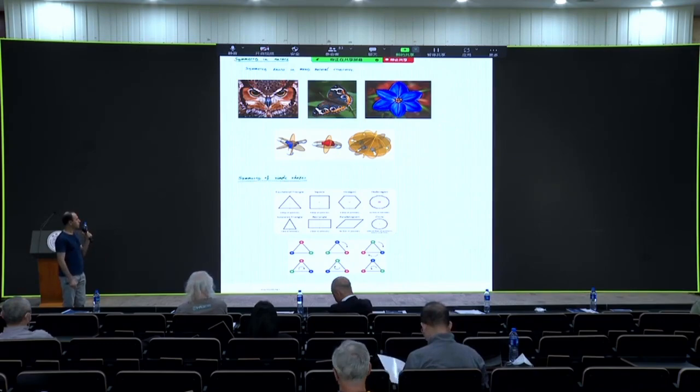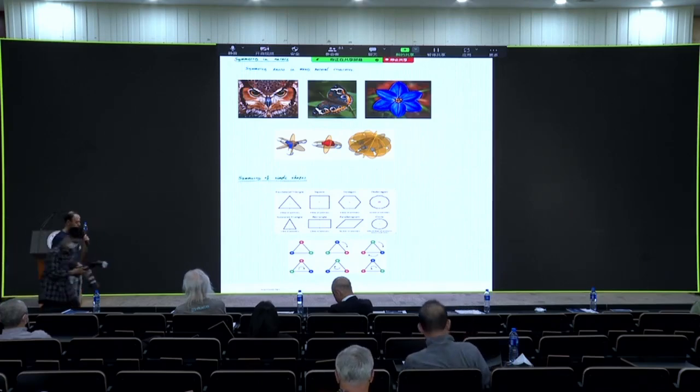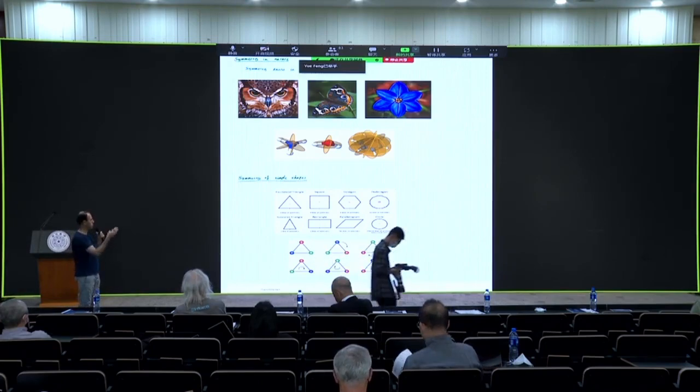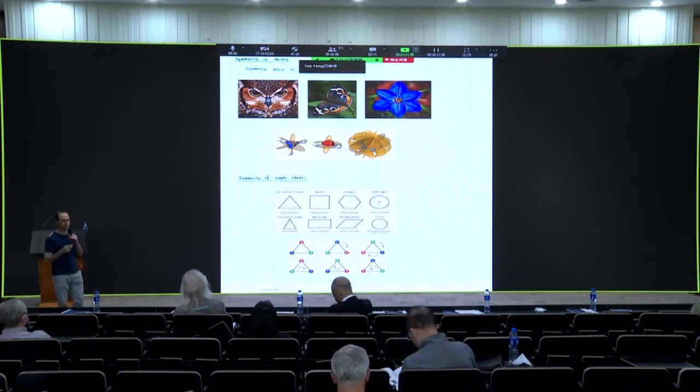Also, if you look at chemical and physical structures like molecules, then again it's quite common to see some kind of symmetry. For example, this molecule in the middle is the molecule of water, H2O. You have the hydrogen and then you have the oxygen, and you have this symmetric picture.